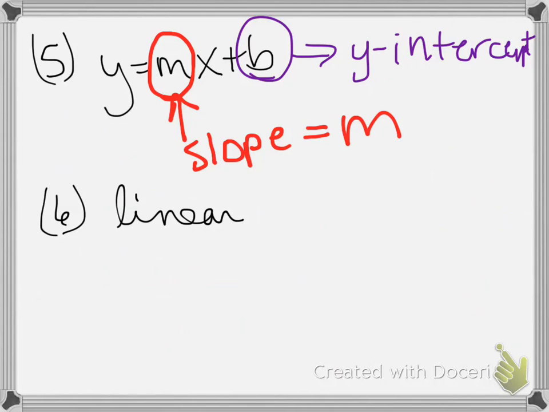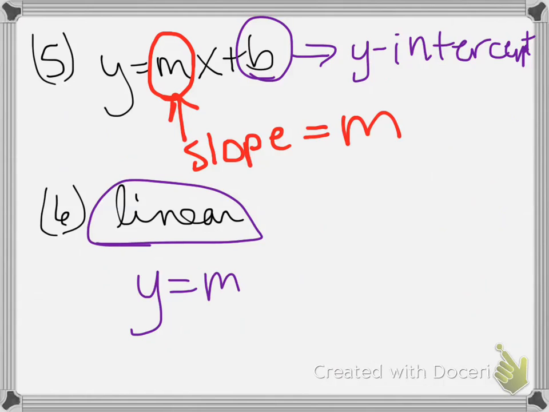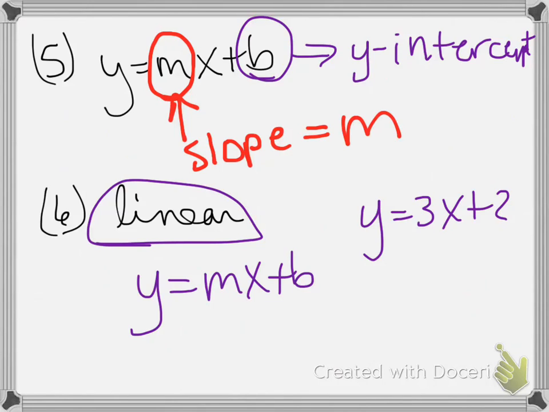Number 6, the question says, what tells you if a function is linear? Well, the reason number 5 and number 6 are together is because you can tell if you have a linear function, it's always going to be linear if you can write it in the form y equals mx plus b. So if I had y equals 3x plus 2, that's linear. If I had y equals 3, excuse me, that's linear.